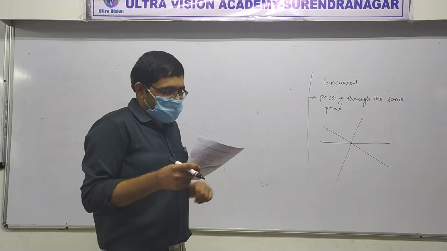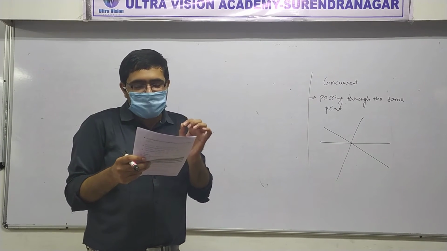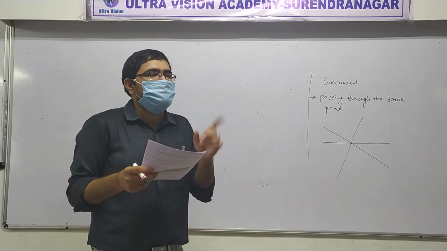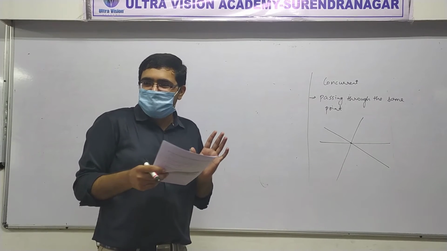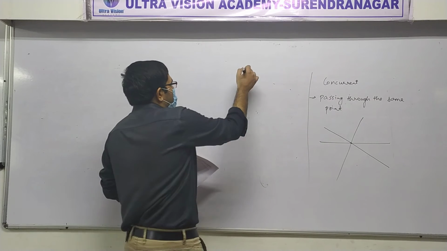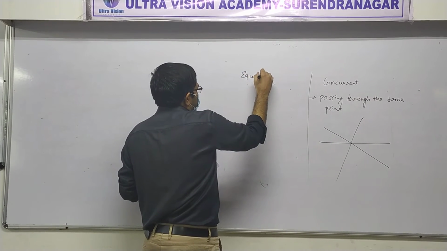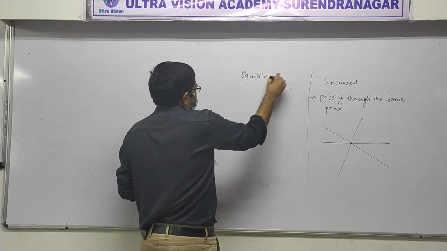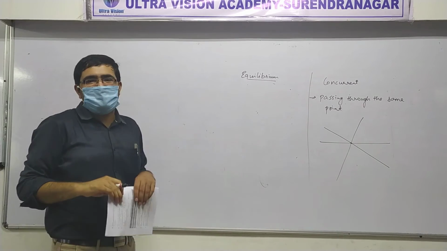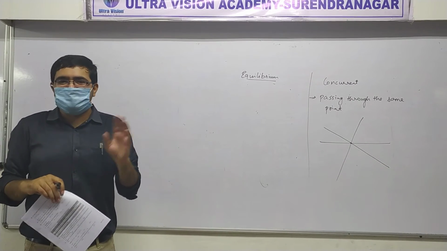They are concurrent forces and they have to be in equilibrium. Which of the following may be in equilibrium? What is the meaning of equilibrium now? Let me explain. This is equilibrium from physics, not from chemistry.